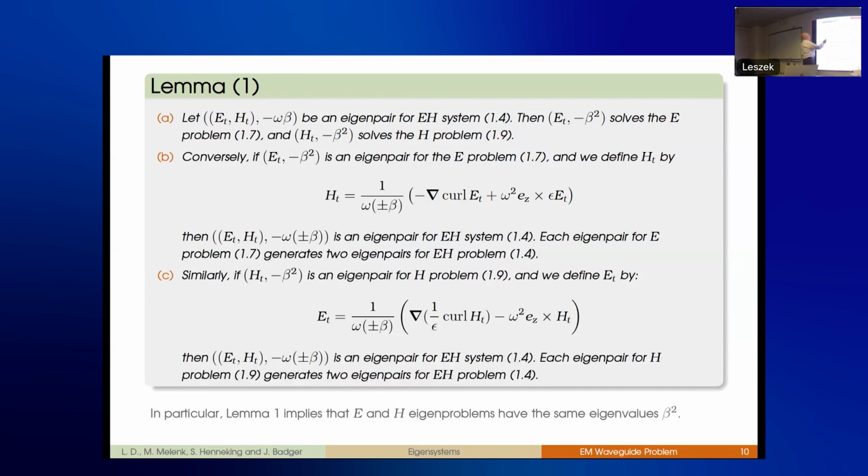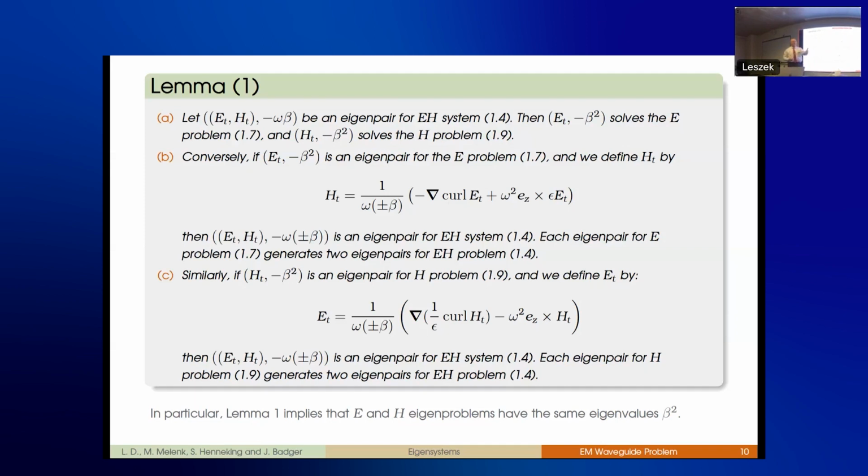So if E and H, ET and HT, with minus omega beta, are solutions to the EH eigenvalue problem, then E alone and H alone: the E alone solves the E eigenvalue problem, HT solves the H eigenvalue problem, with minus omega beta squared as the eigenvalue.